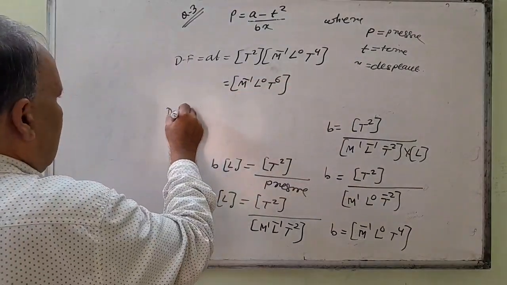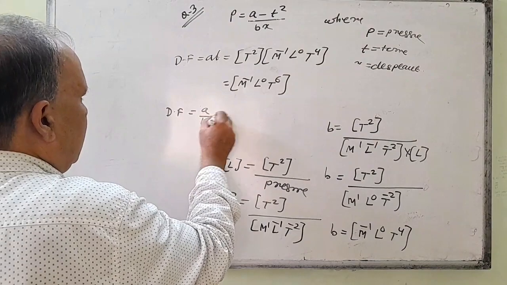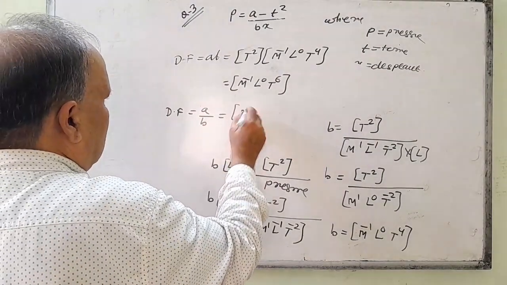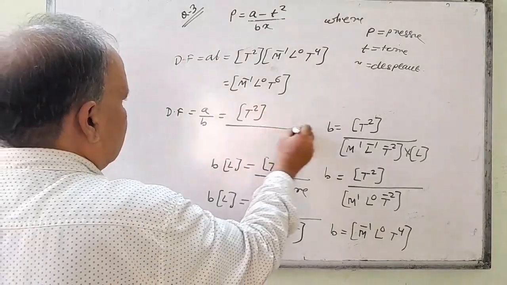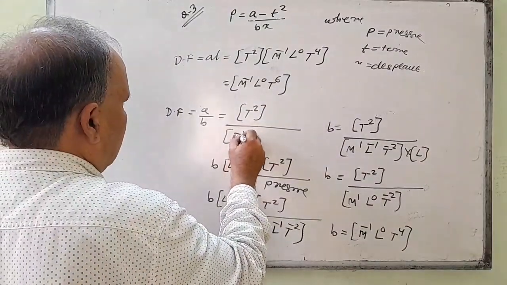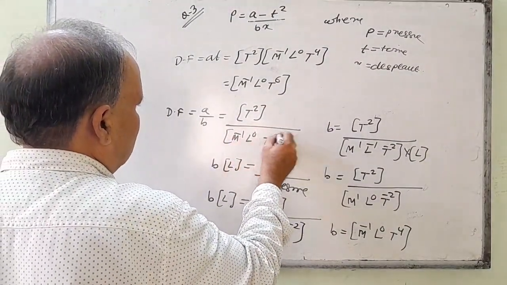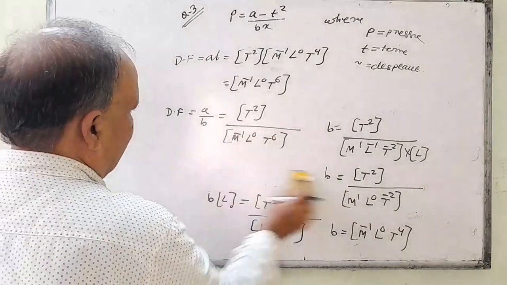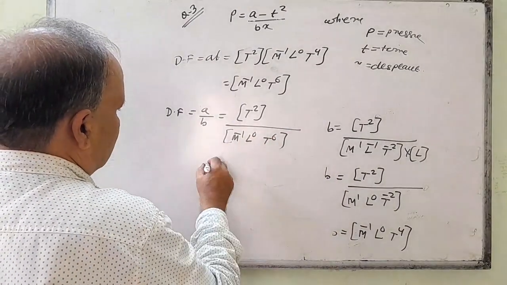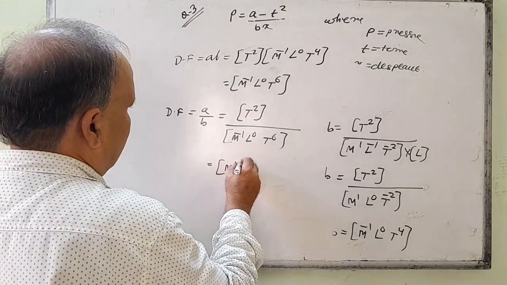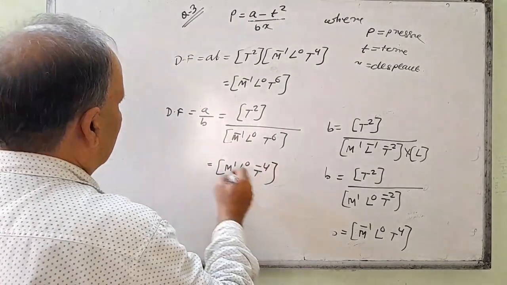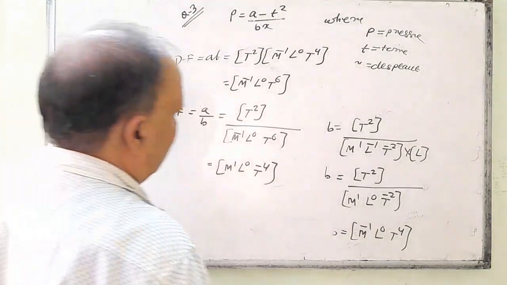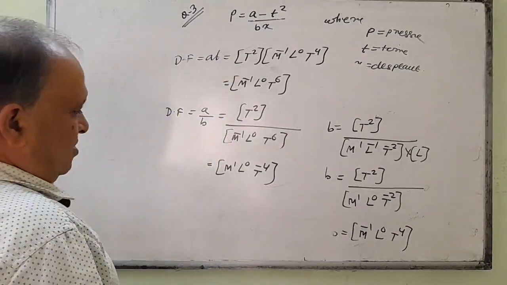And the dimensional formula of A by B, this is your A means T square divided by M to the power minus 1, L to the power 0, T to the power 6. We can write M to the power 1, L to the power 0, T to the power minus 4. This is the dimensional formula for A by B. These are some problems.